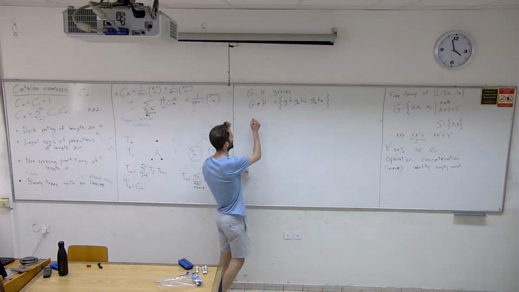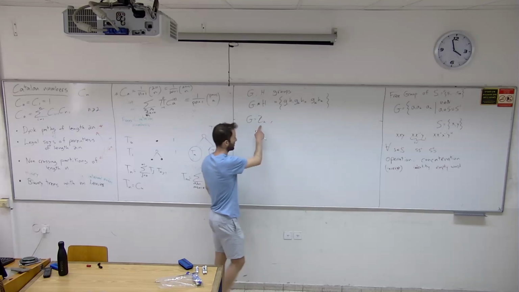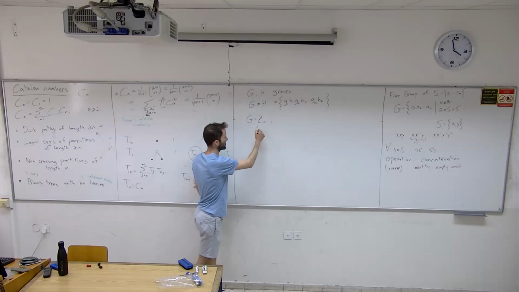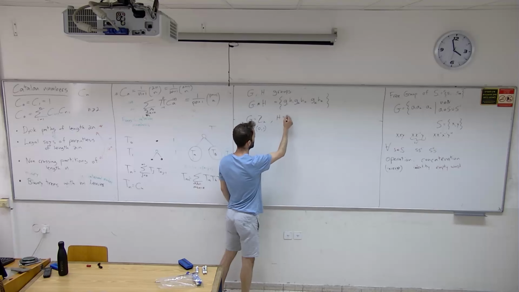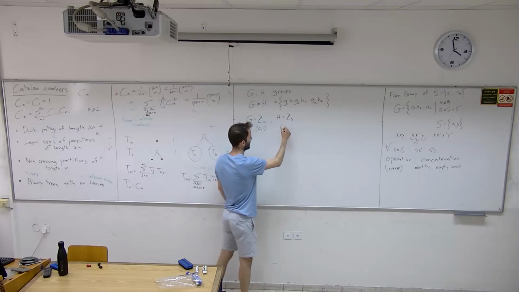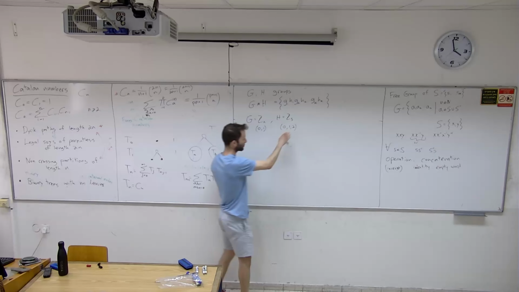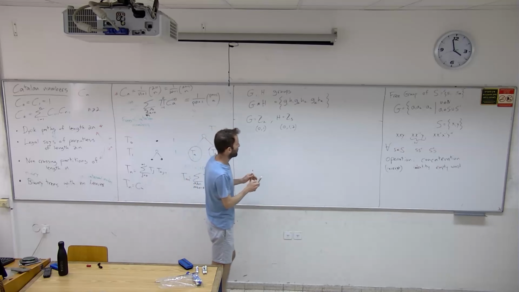Okay, so for example, take G to be Z2, the set with just two elements, let's say 0 and 1, and H to be Z3, the additive group modulo 3.